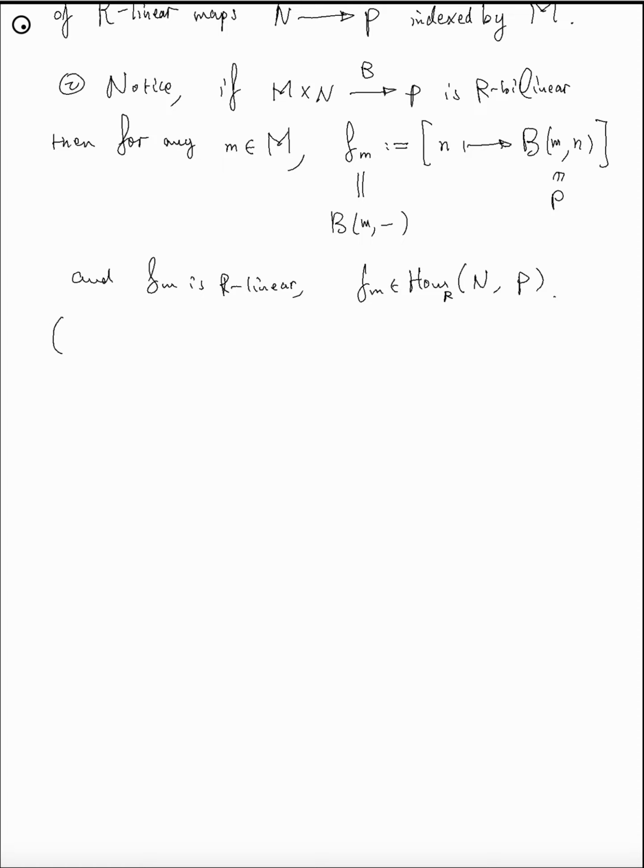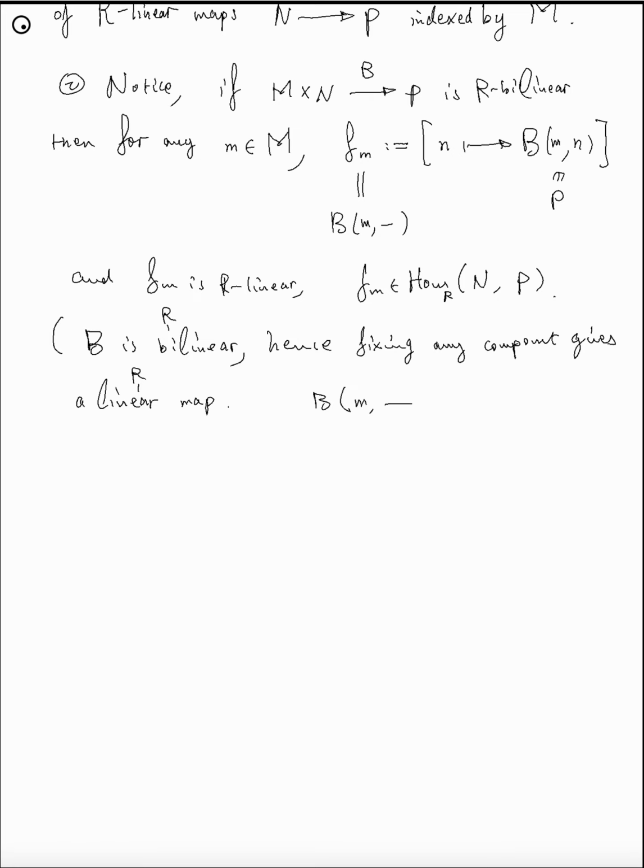A quick reason is that B is bilinear, hence fixing any component gives a linear map. So here we're fixing the first position to m, and then it becomes a linear map.